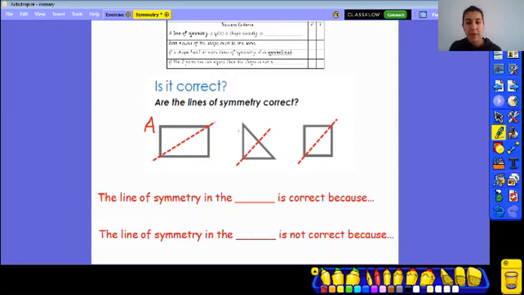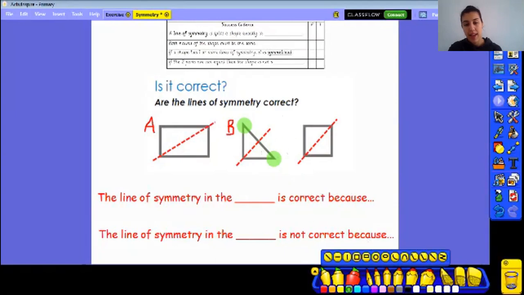What about this shape here? What shape is this? B. This is a triangle. Well done. It's got 1, 2, 3 sides. So the line of symmetry in the triangle, is it correct or not correct? Well, remember, we can have a look at our vertices. Let's go opposite.